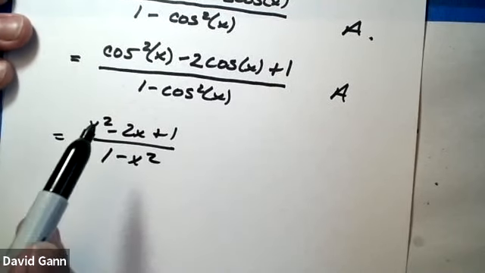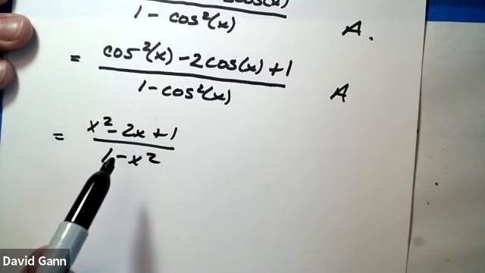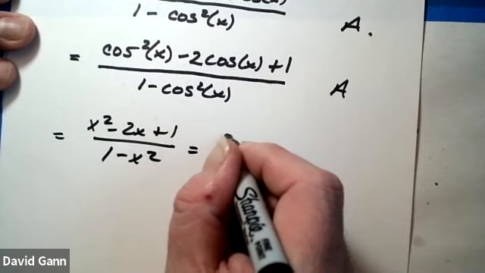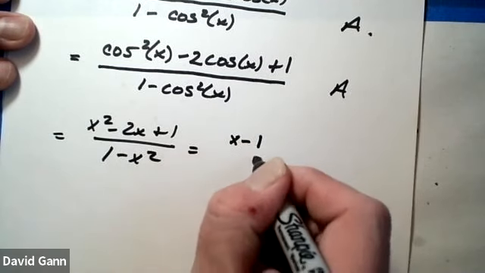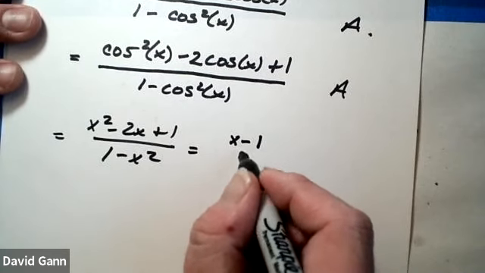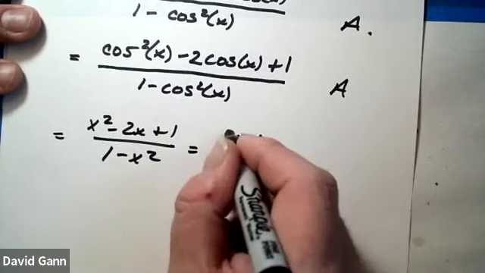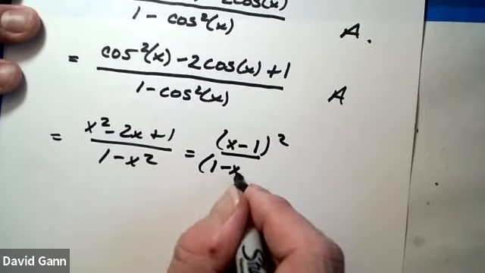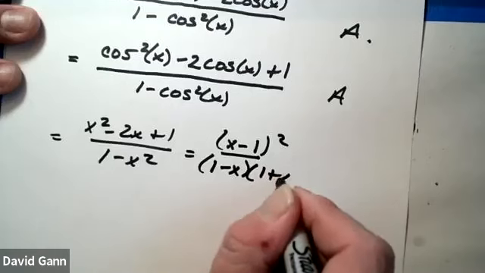This is a perfect square, and this is a difference of squares. So this will factor as x minus 1 quantity squared over 1 minus x times 1 plus x.